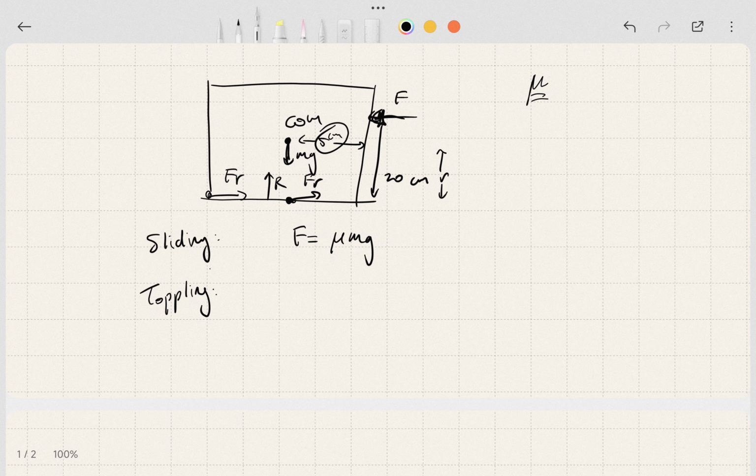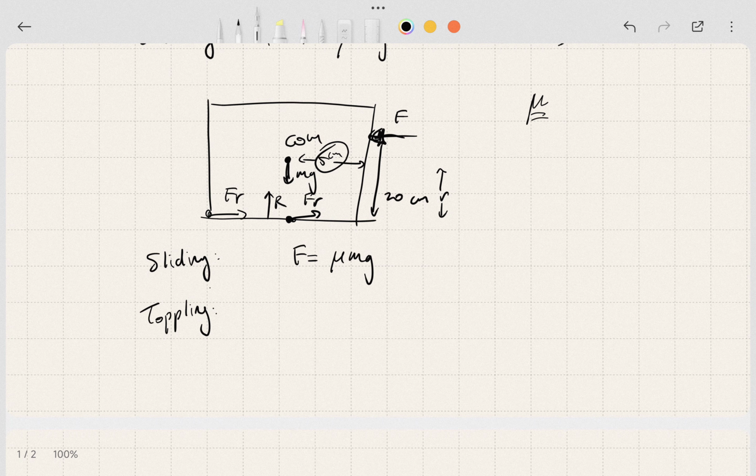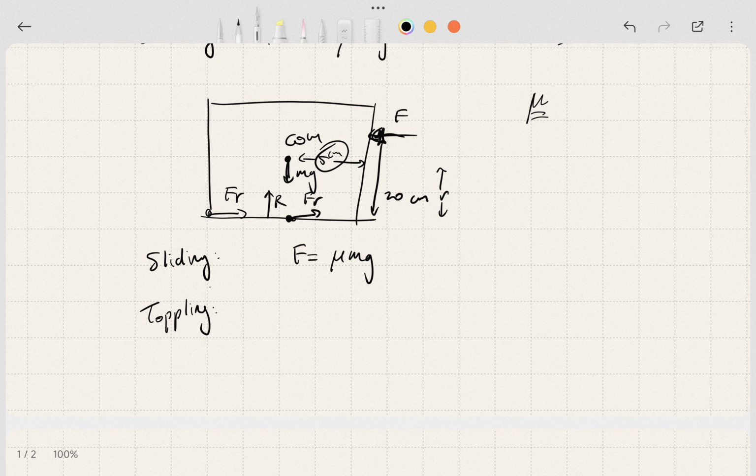Not sure. Okay, let's have a think. So where is the point that we're taking the torques? That is a brilliant question, I think. Think about where you want to take the torques. So essentially you have force coming in like this, the distance.